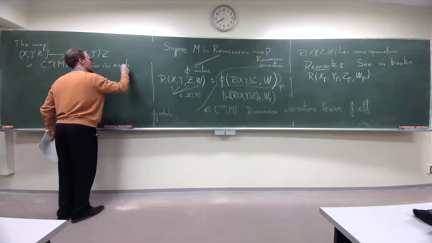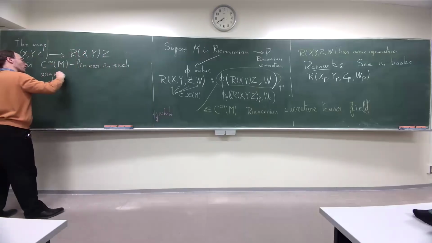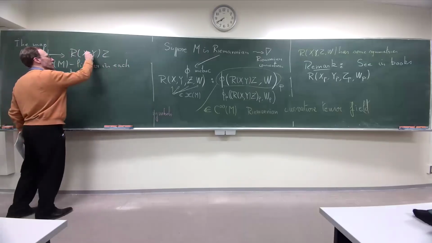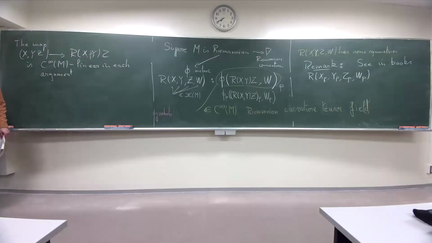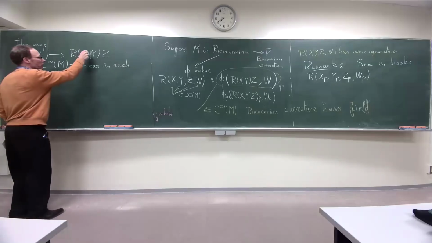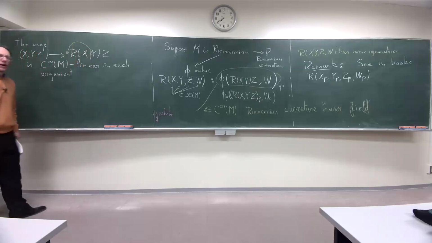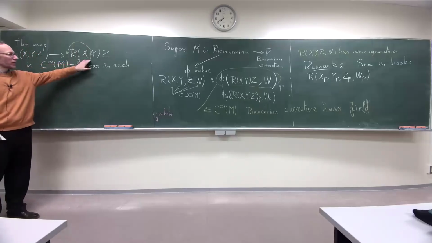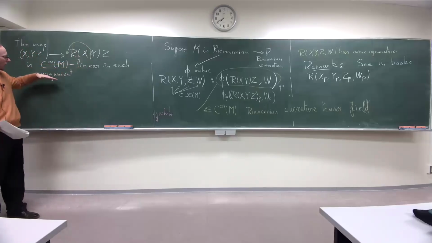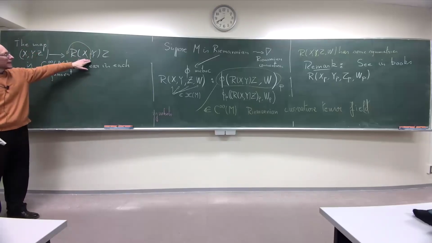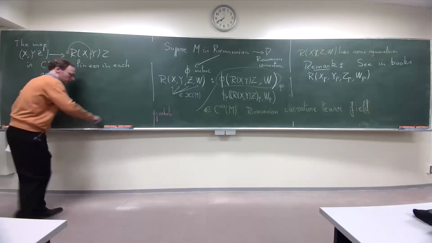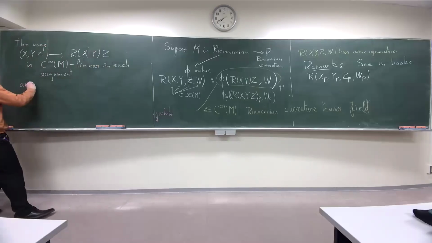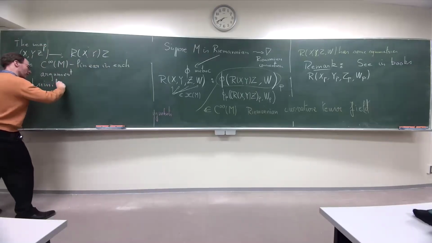It means that if I put an F here, I can always rescale the vector field; it's the same as taking it outside in each argument. So it's not only linear, but you can multiply each entry by a smooth function on M, and you can take it outside.